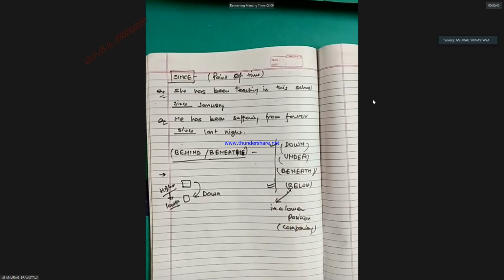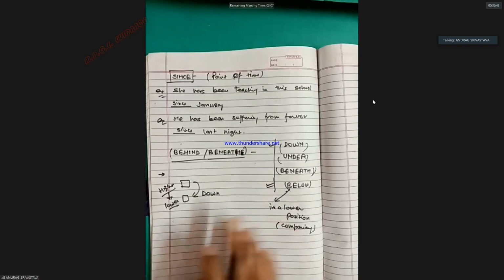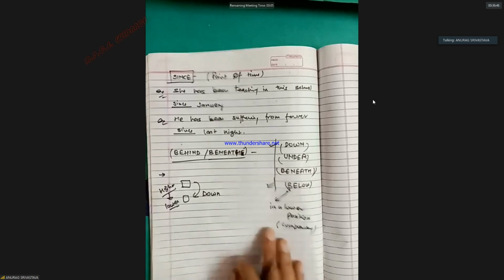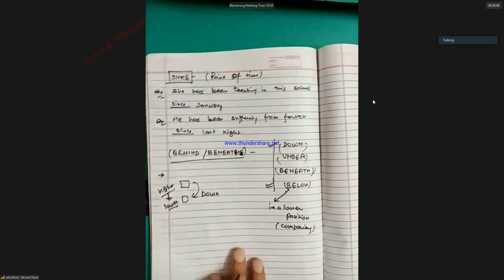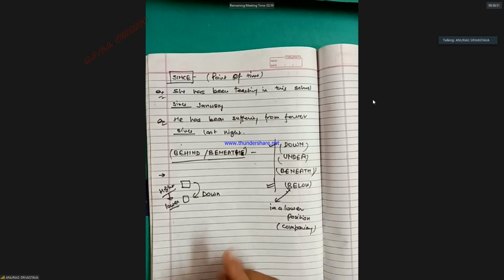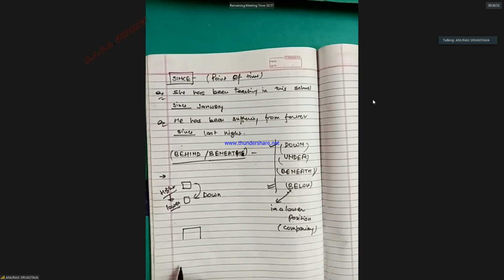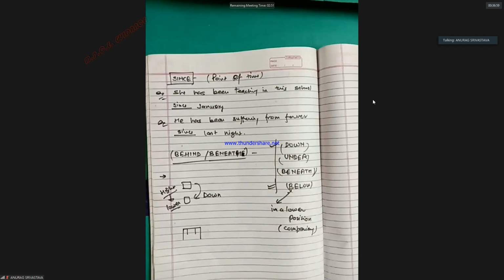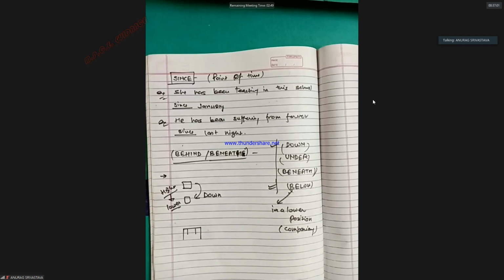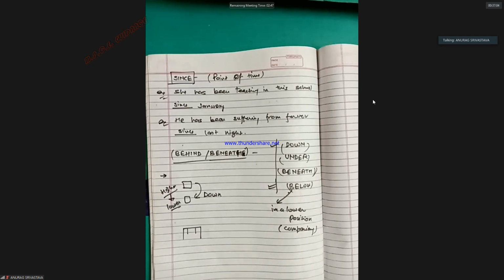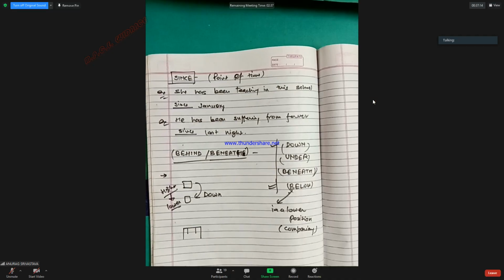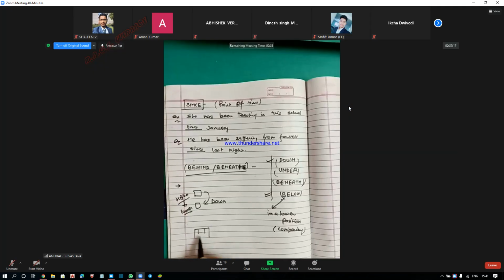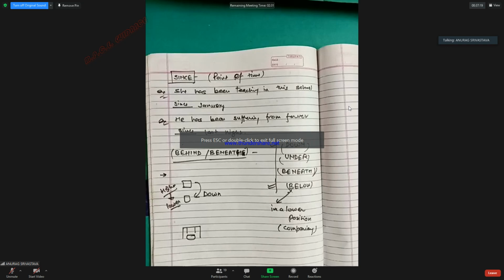Now we have under. Which is the under? It denotes the position of something which is below something, and also covered by it. Suppose we have a table. Okay, we have a position, and it is covered by something.